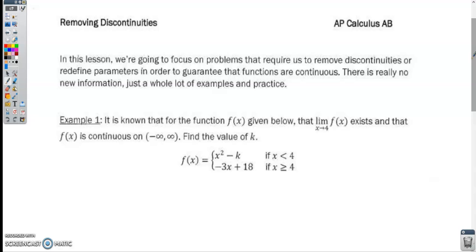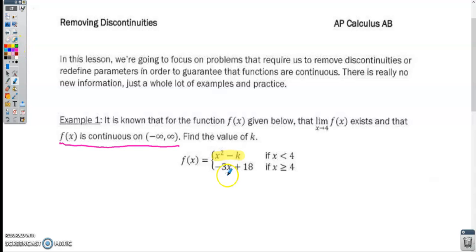In order to find the value of k, we know that this function is continuous. If I look at the individual branches, I have this top branch that is a quadratic, and we know that all quadratics are always continuous from negative infinity to infinity.